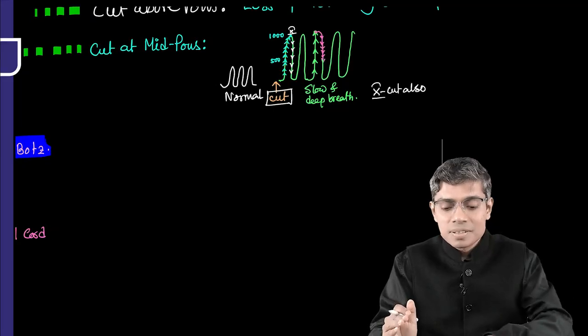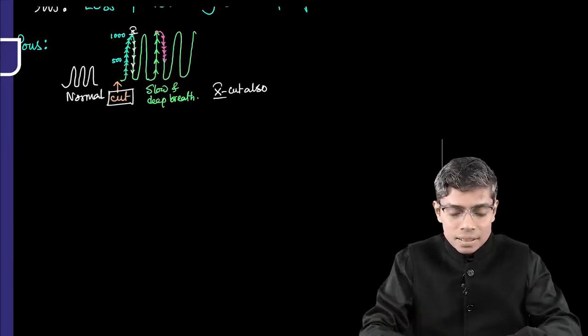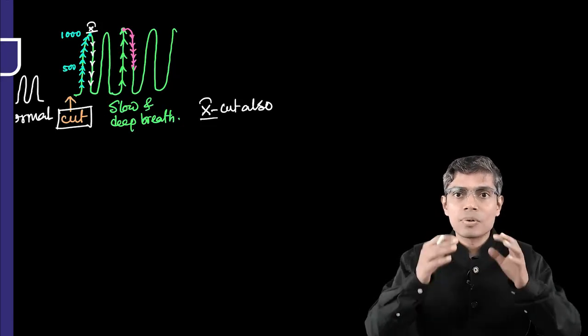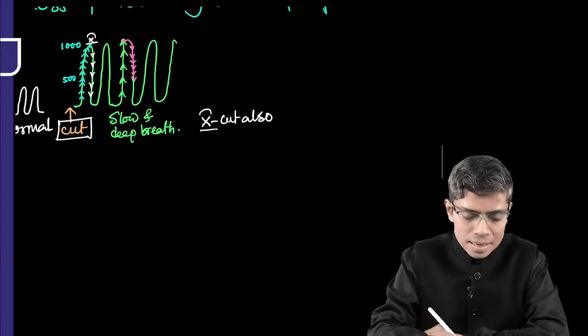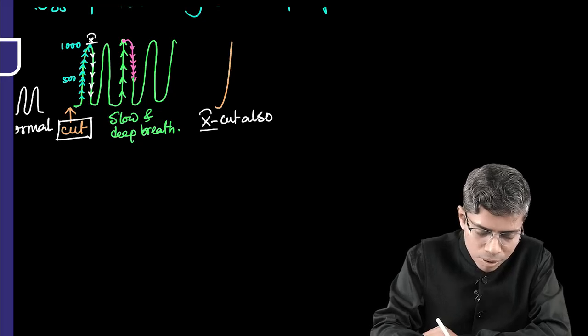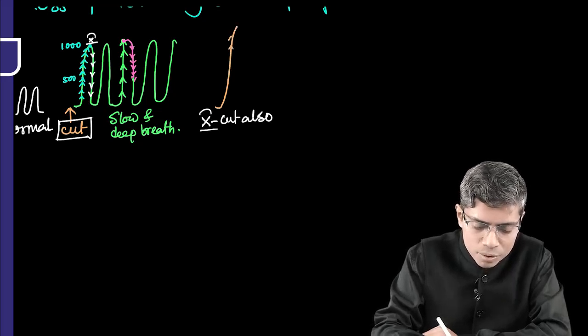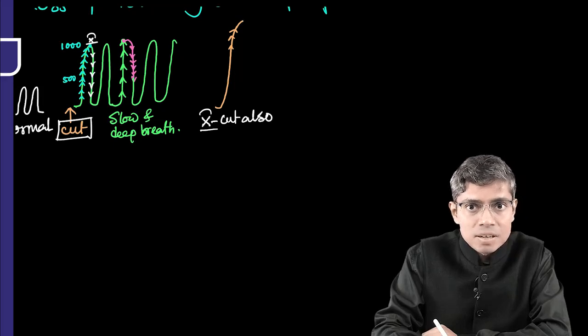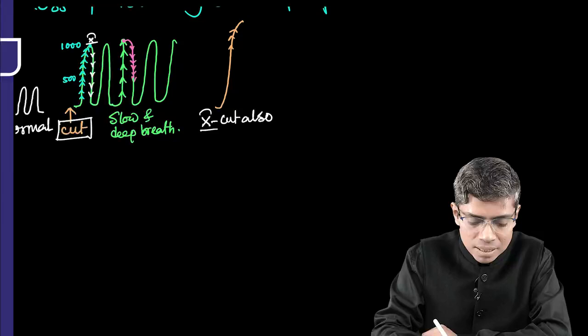The apneustic center, because it's a tonically active center, will stimulate the inspiratory neurons more and more. What will happen? Inspiration will be prolonged, and no one is there to start the expiration. So there will be a stop of respiration, a spasm of respiration at the maximum inspiration.